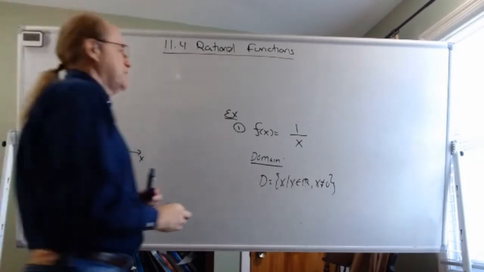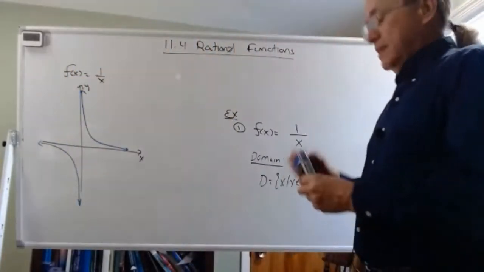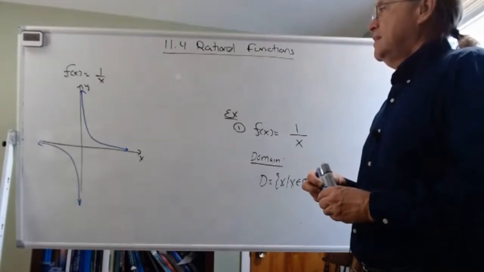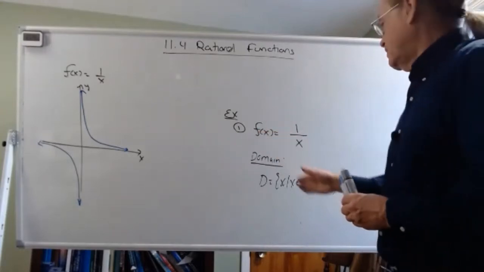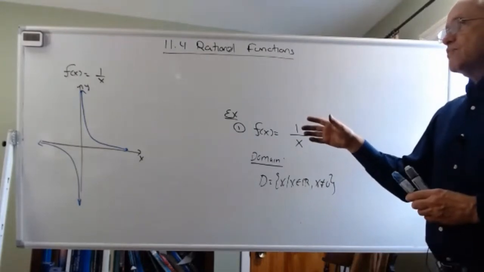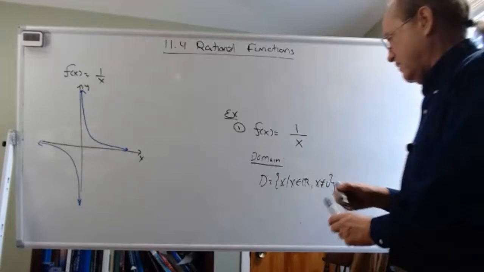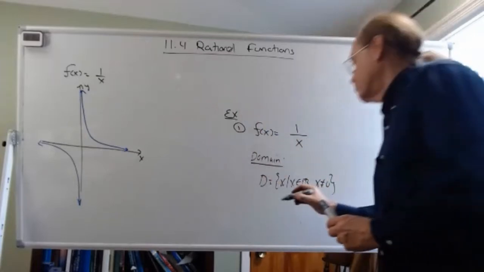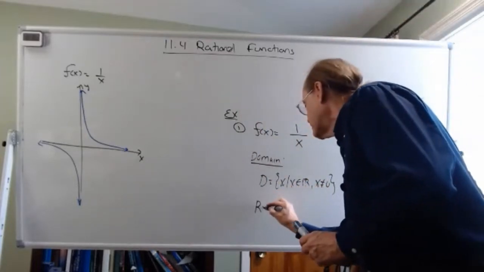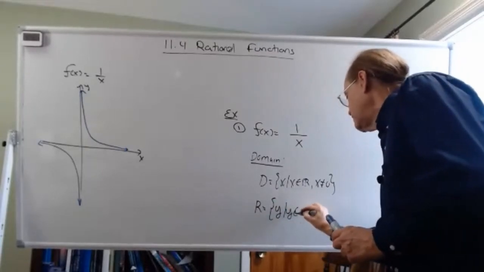I get a strange behavior around 0. Now, there's my domain. Like I said, it's hard to find out the range, but there's a little subtle point here. Let's see if we can figure this out. Let's try the range. From that picture that I just drew, what do you think the range is? Those are the y values. y can be any real number.